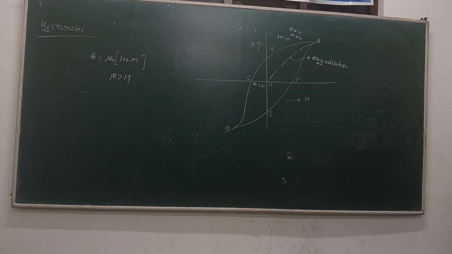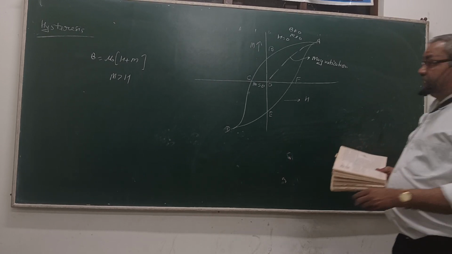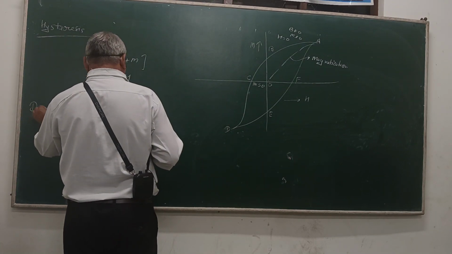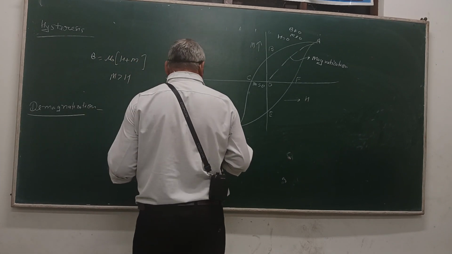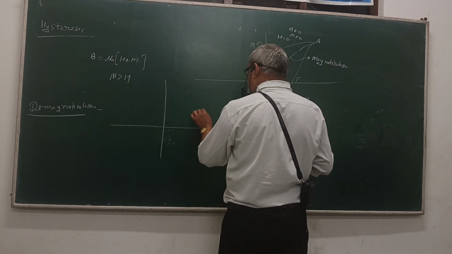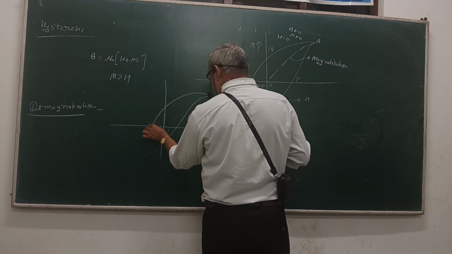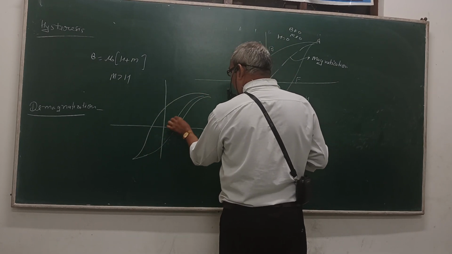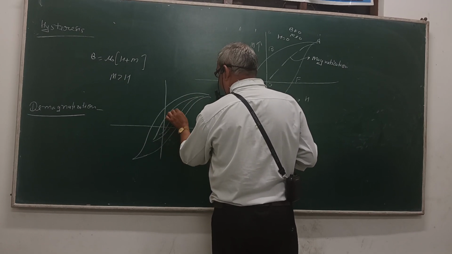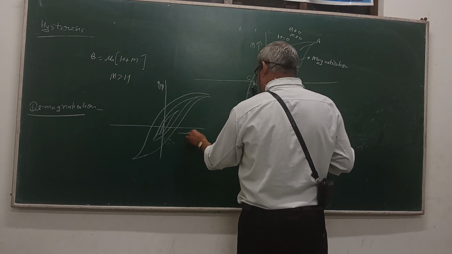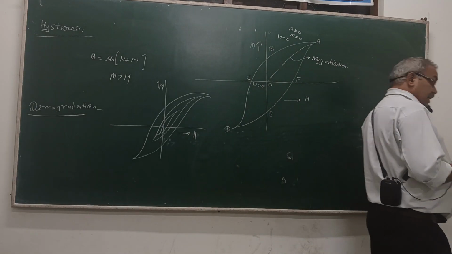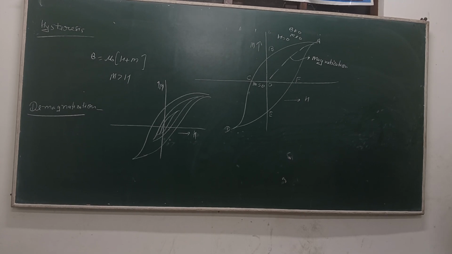अब सेकेंड टॉपिक है डीमैग्नेटाइजेशन। तो डीमैग्नेटाइजेशन में ये आपका ग्राफ है। ये M को शो कर रहा है मैग्नेटाइजेशन, और ये इंटेंसिटी ऑफ मैग्नेटिक फील्ड को। तो ये कह रहा है कि it is clear from the hysteresis loop that the intensity of magnetization does not reduce to 0 on removing the magnetic field H. M is 0 when the magnetizing field H is equal to the coercive force.